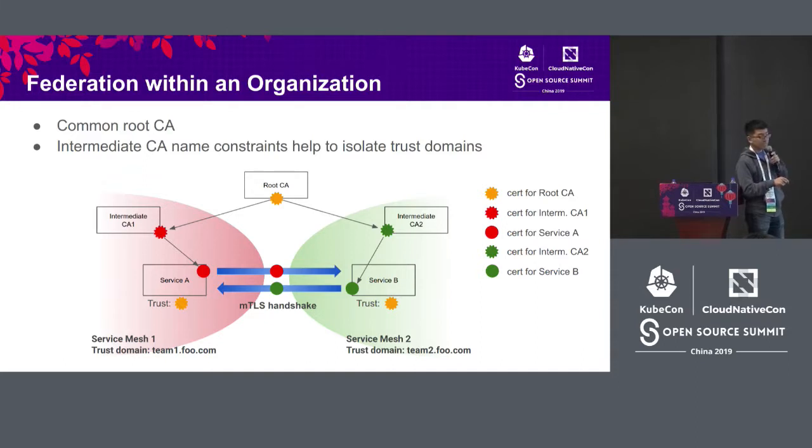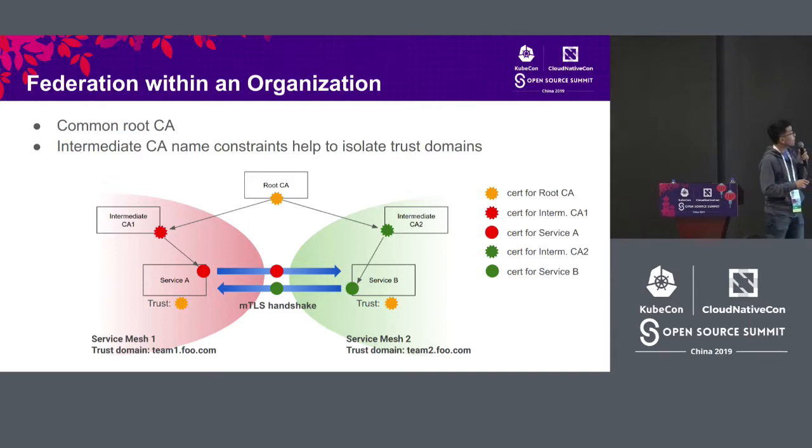Each intermediate CA is responsible for issuing certificates for the services that are running in their own mesh. So in this case, CA1 is issuing the certificate for service A, and CA2 is issuing the certificate for service B. Both service A and service B are trusting the root CA's certificate. So through this complete certification chain, they can easily authenticate each other, right?